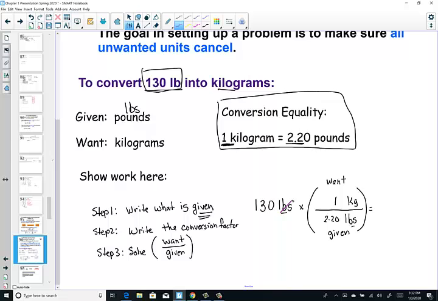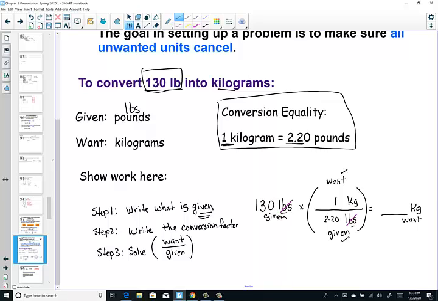Pounds on the top will cancel with pounds on the bottom, and we've arrived at kilograms. The unit we end with is the kilogram. Notice here's the unit we were given, here's the unit that we want. The conversion factor of want over given cancels those appropriately to convert one into the next.